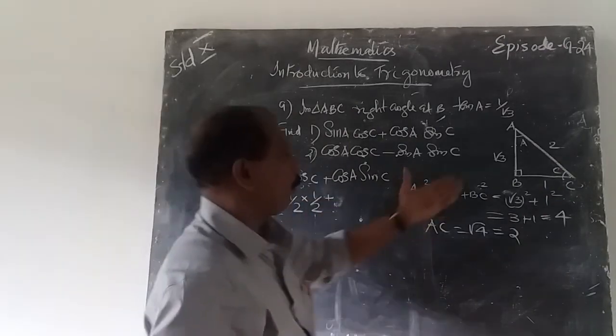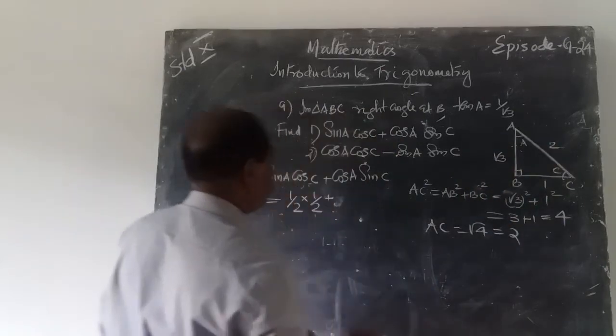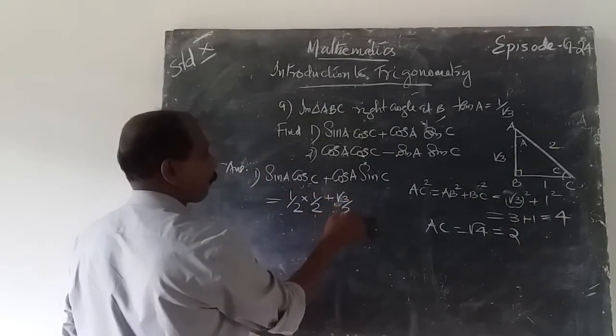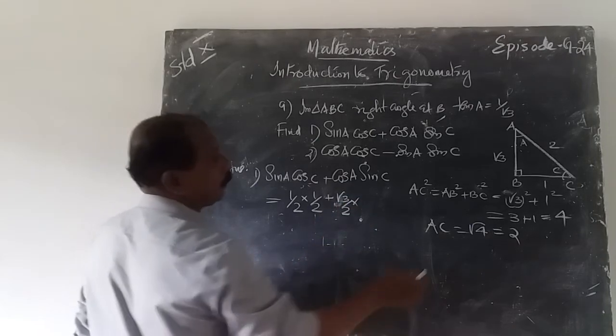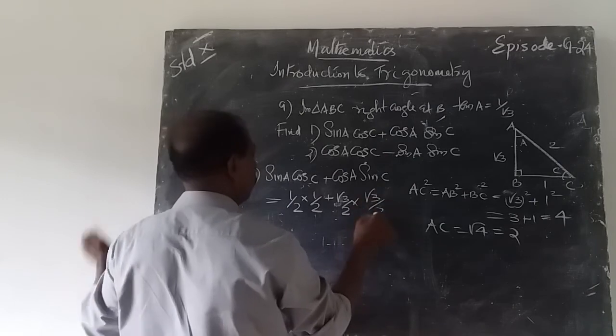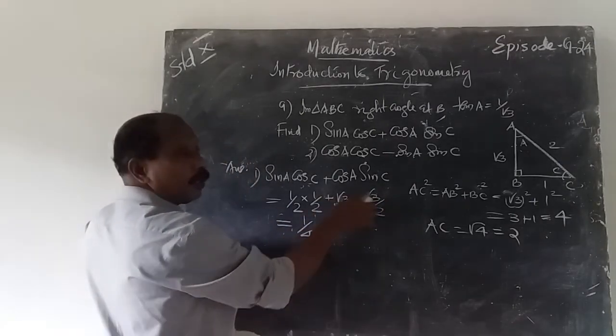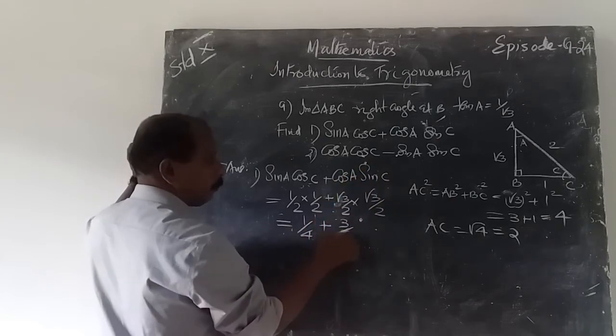Cos A, that is adjacent side by hypotenuse, that is root 3 by 2, into sin C, opposite side by hypotenuse. 1 by 2 into 1 by 2 is 1 by 4 plus root 3 into root 3 is 3 by 4.